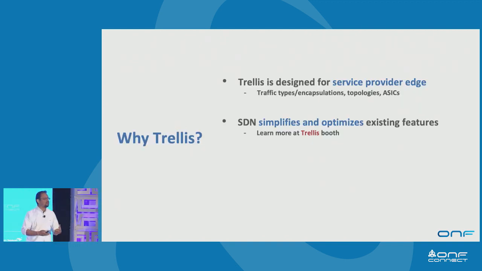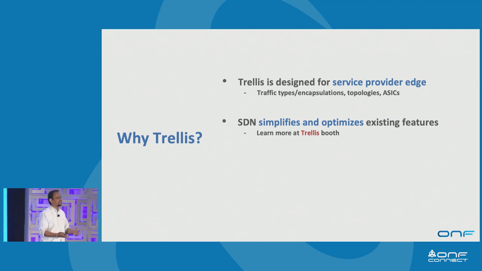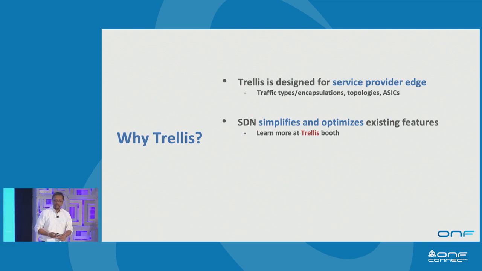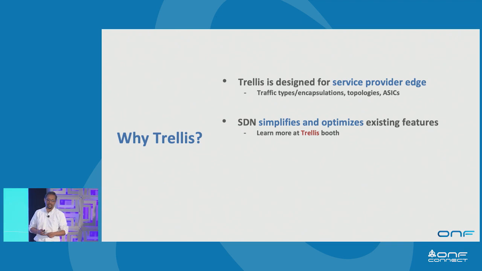And once you simplify those features, it enables optimizations much easier than compared to traditional networking. So if you want to learn more, this is just one example I gave. If you go to our booth in the booth area, you will see more examples of this simplification and optimization. And obviously, Gilad has also talked about the CapEx and OpEx benefits of SDN.